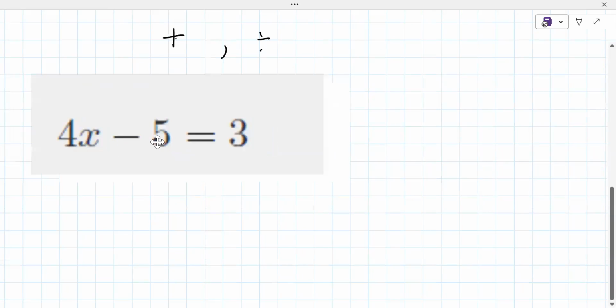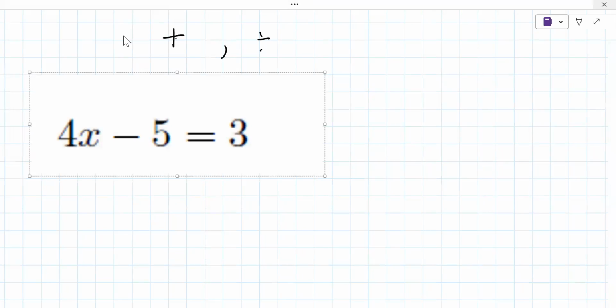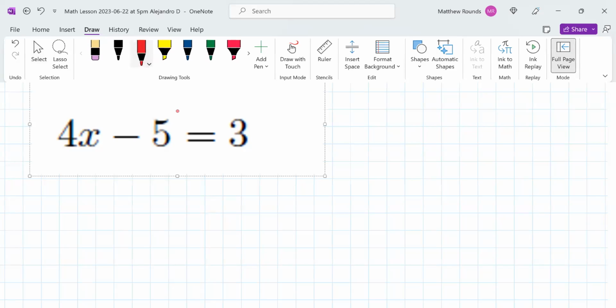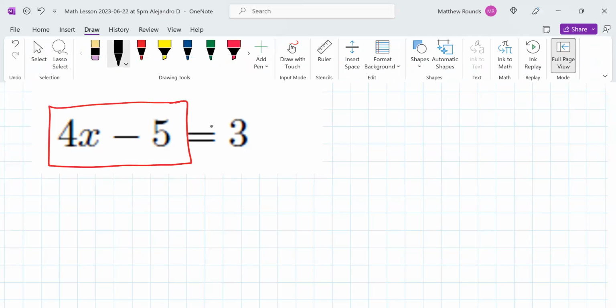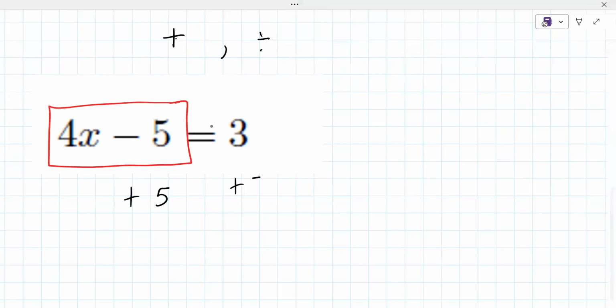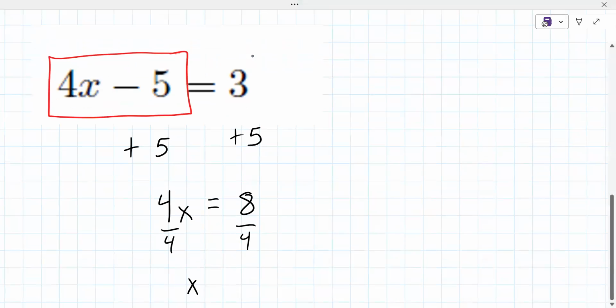Look at the side with the variable, and you're going to add 5 to both sides. So this becomes 4x equals 8. Then what's the next step? Divide. So x equals 2.